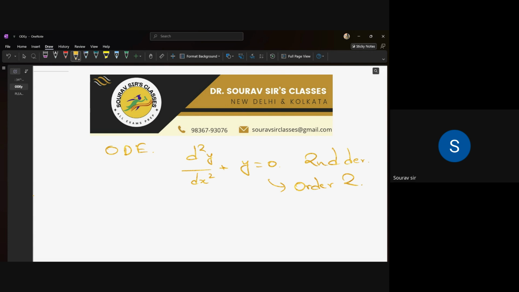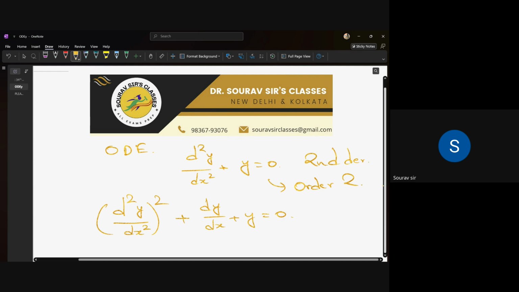As we said, differential equations are equations which involve the independent variables, dependent variables, and the derivatives of the dependent variables with respect to the independent variables. So if we get this kind of equation, this is an ordinary differential equation.